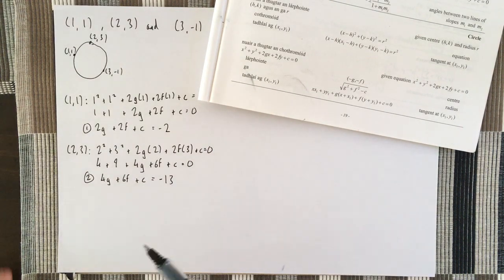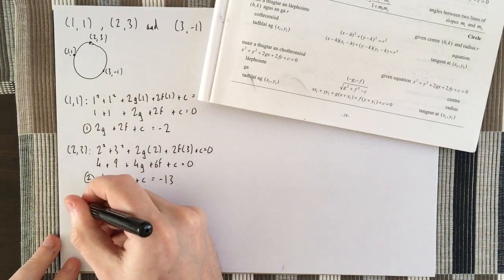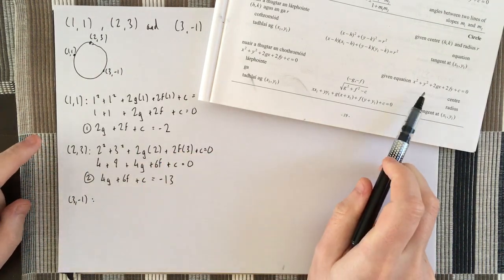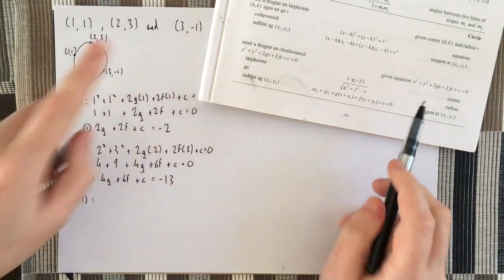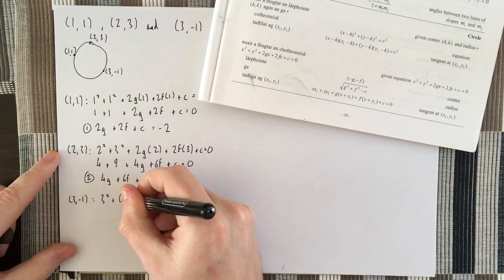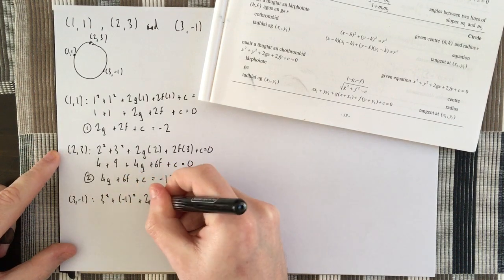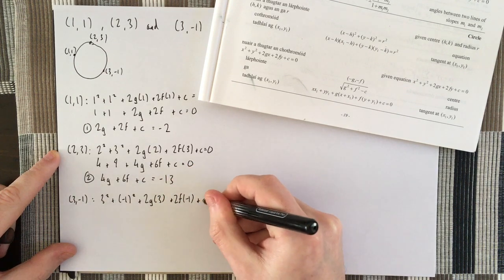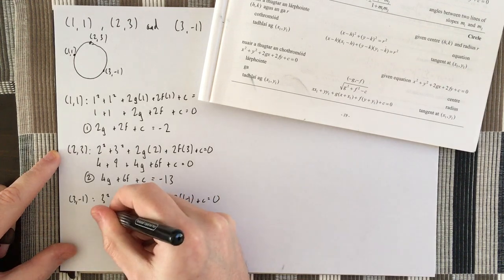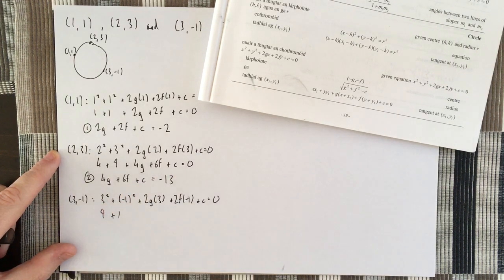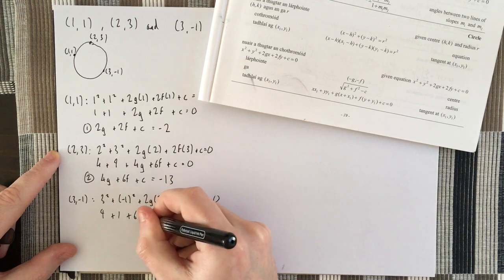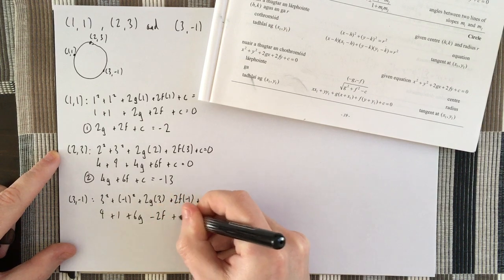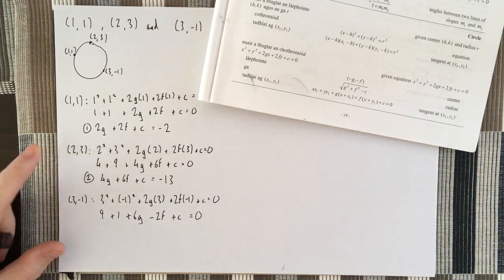All right, 3 unknowns, so I need a third equation. So I'm going to sub (3, -1) in. So it's again 3 in for x and minus 1 in for y. So 3 squared plus (-1) squared plus 2g times 3 plus 2f times -1 plus c equals 0. 3 squared is 9, (-1) squared is 1. 2g times 3 is 6g, 2f times -1 is -2f, plus c equals 0.